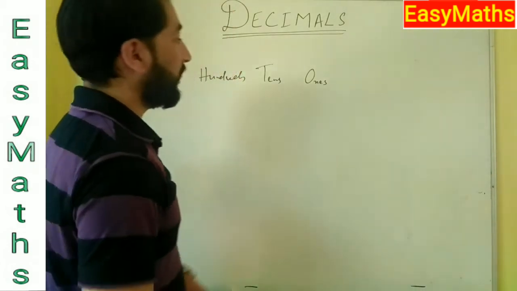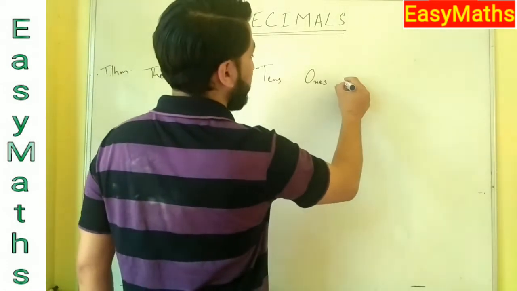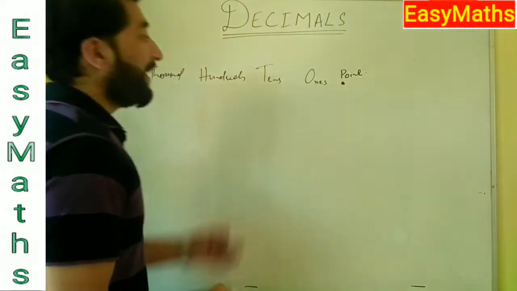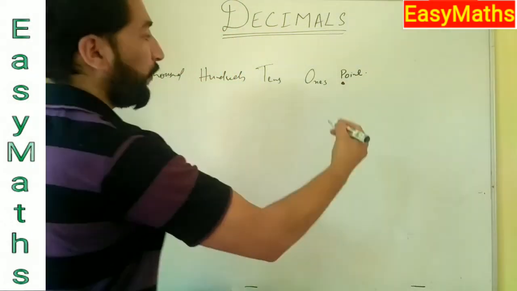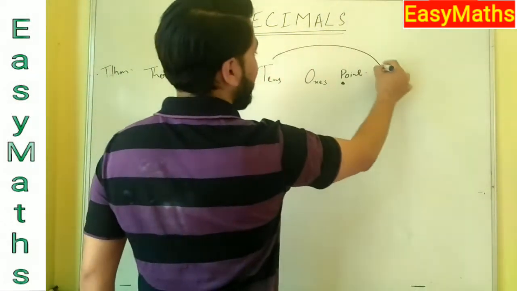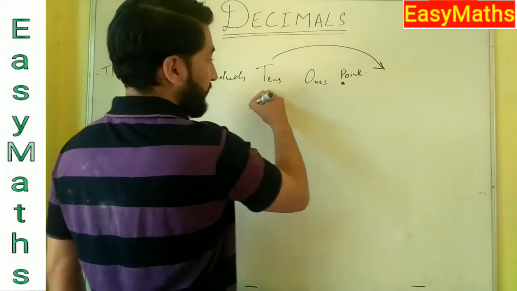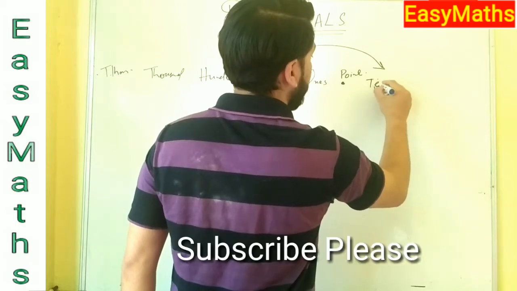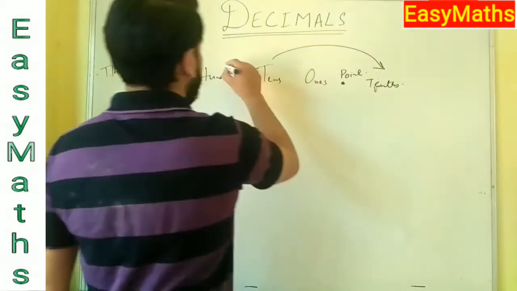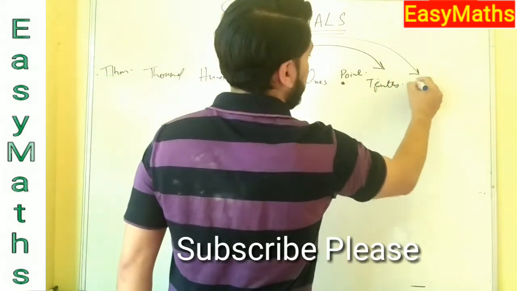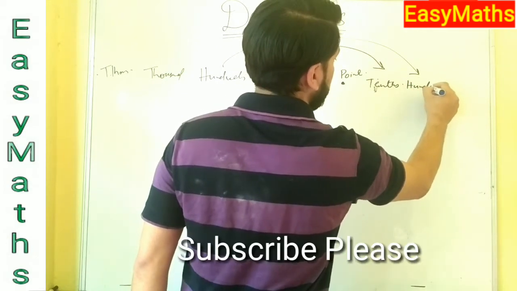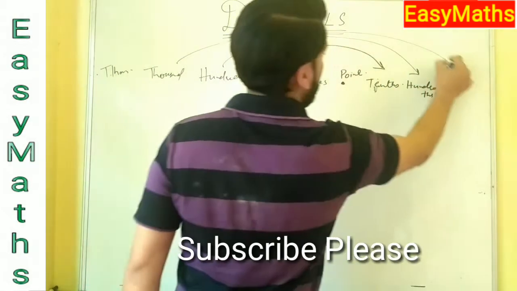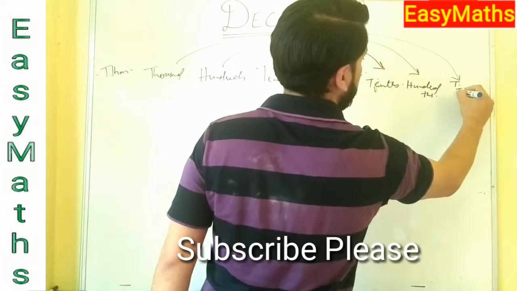In decimal numbers, after ones there is a decimal point, and after the decimal point come tenths, then hundredths, then thousandths.